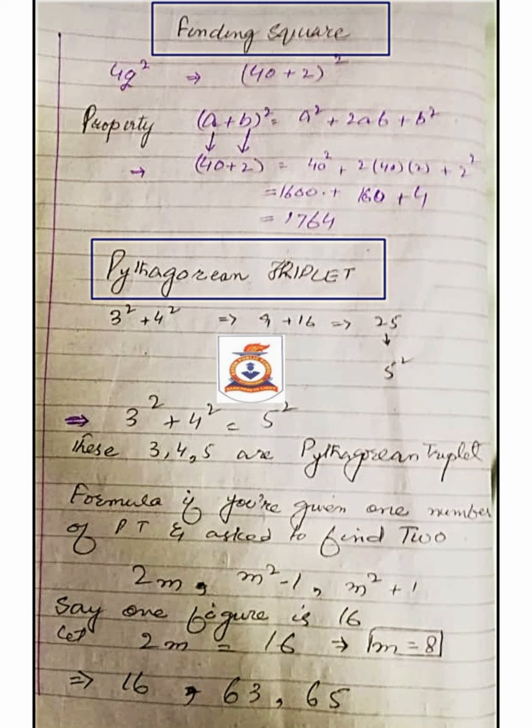So m is equal to 16 divided by 2, which gives m is equal to 8. Now we can put 8 into the formula and find the Pythagorean triplet, as you can see in this video being displayed.